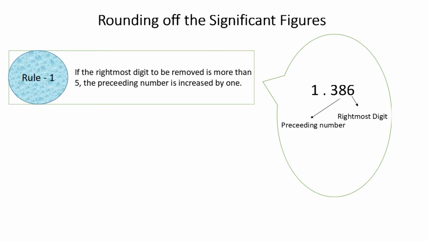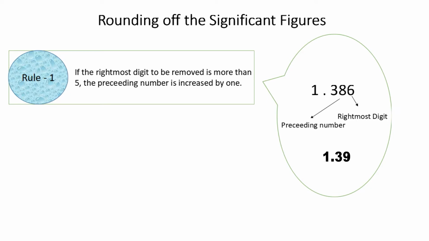That is, since 6 is greater than 5, the preceding number 8 will become 9. So, the reporting answer is not 1.386. 1.386 is rounded as 1.39. This is what rule 1 states.